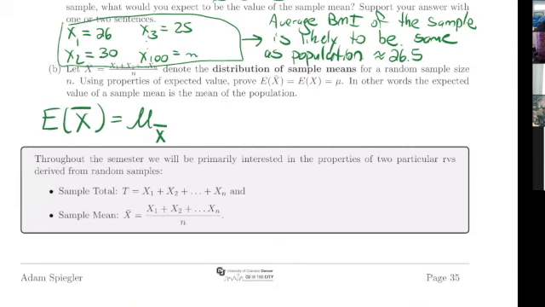Just so you know, we would represent that with the same Greek letter mu. We would call that mu, and we put a subscript on it which just says this is the mean of the distribution of sample means.